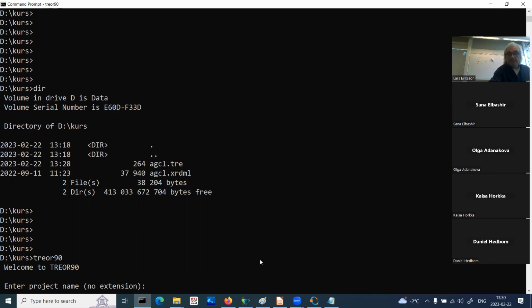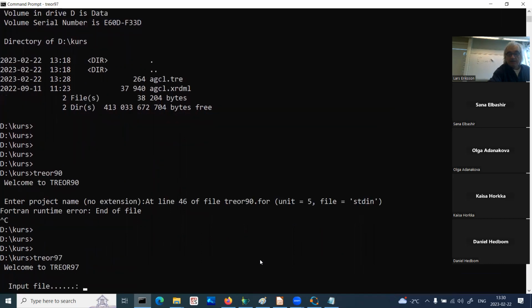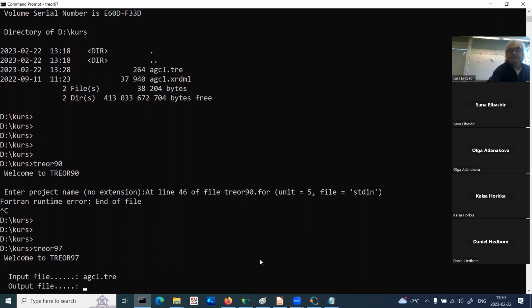If you use, for example, 397, I think it will ask for input file, and then you need to give the full name, like agcl.tre. Now I'm using 97, but it's otherwise very similar to 390. So output file, what should we call it? agcl.out, maybe?